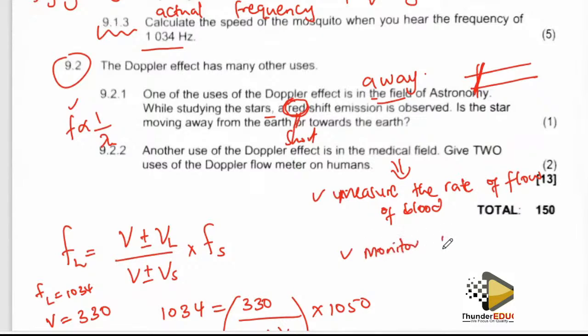You can also use it in the ultrasound test to estimate the blood flow within the blood vessels, or if there's any sort of blockage, we can still use the Doppler flow.